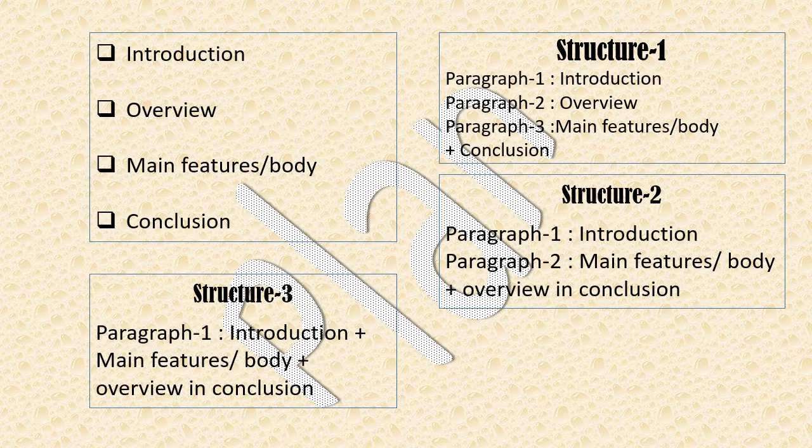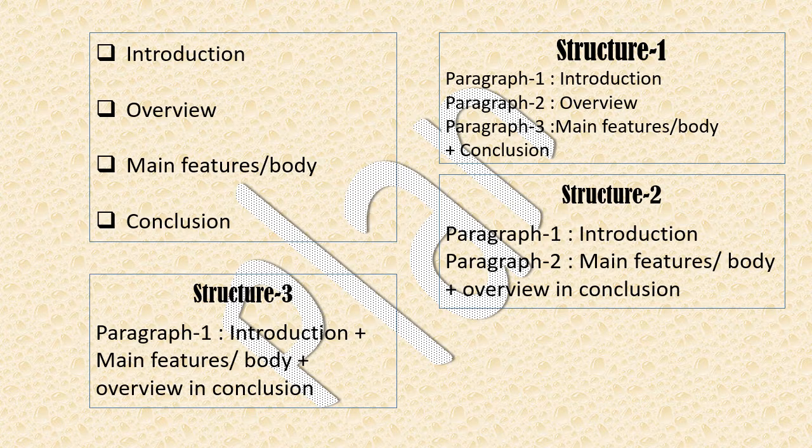If you follow structure 1, then you will write introduction in paragraph 1, then you will write overview in the next paragraph, and you will write the main features or body and conclusion in another paragraph. And if you follow structure 2, then you will write the introduction in one paragraph and the rest of the things, main features or body and overview in conclusion, will be written in another paragraph.